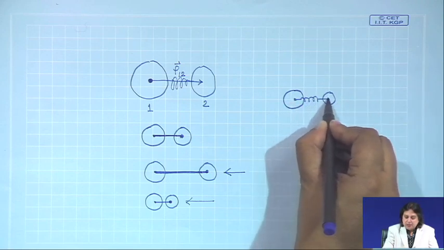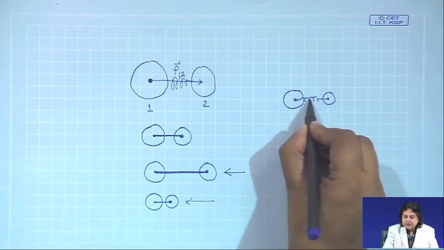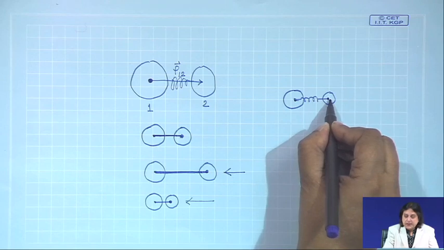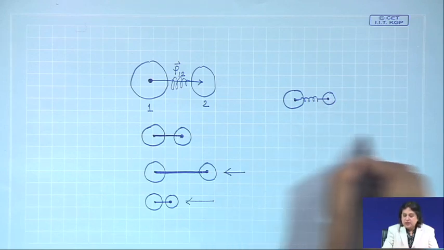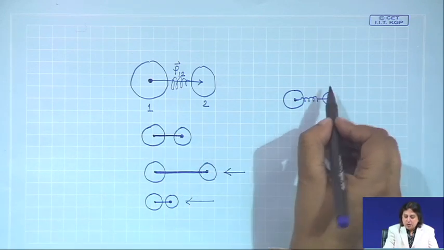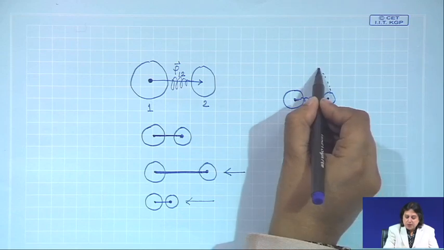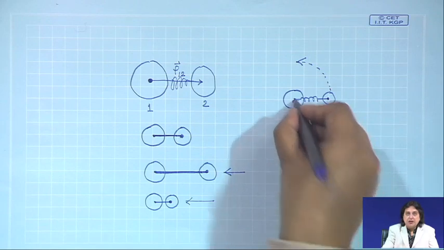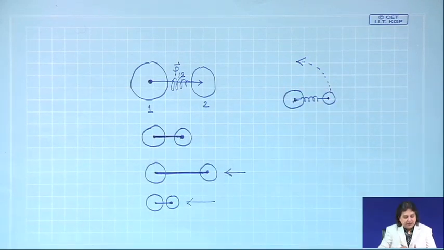Now, this spring is in some stretched condition, and between the time it goes from here to another stretched condition, what can happen is this molecule can move around this axis, and that is what will give rise to a rotation.